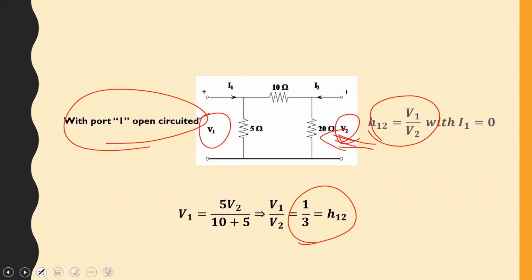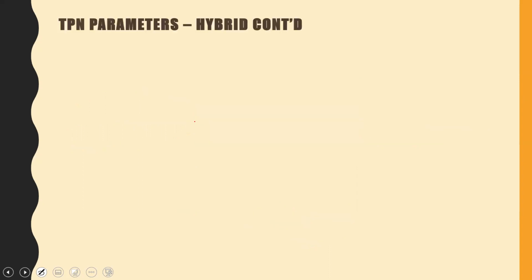All of V1 is across the 20 ohm, so it means that V2 is being divided between 10 and 5. We want the voltage across the 5 ohm, so it's 5 V2 over the sum, 10 plus 5. So we get a third. Go back one more, please.